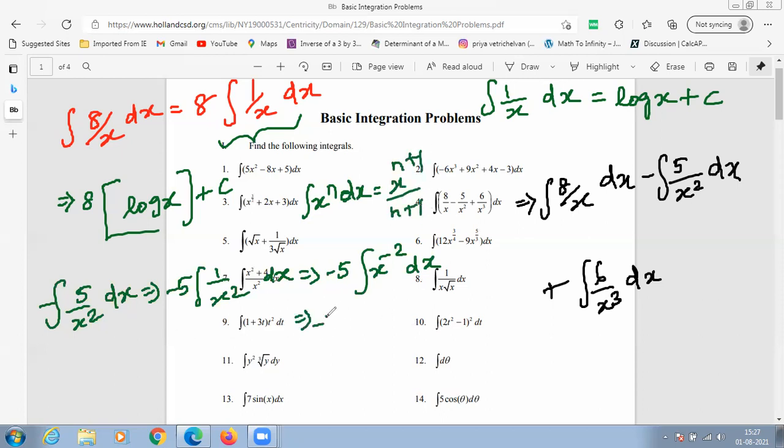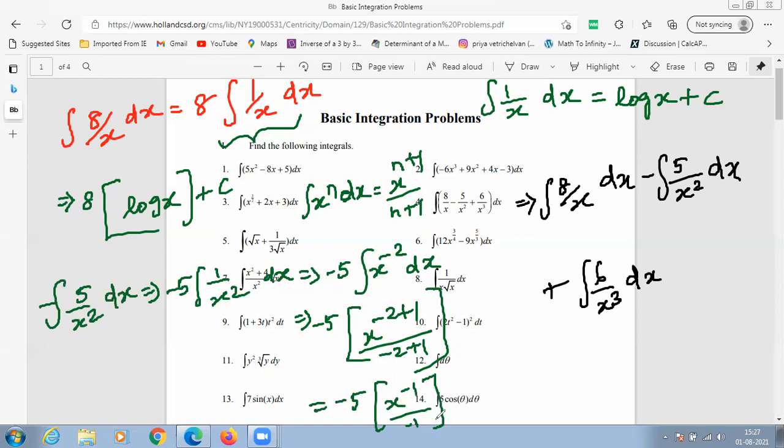So it's going to be minus 5 times x power minus 2 plus 1 upon minus 2 plus 1. So minus 5 into x power minus 1 upon minus 1. So minus 5 by minus 1 can be written as plus 5 into x power minus 1. So that is the result for this. It's minus 5 x power minus 1, and 8 upon x will give you 8 log x. And there is another step also after this. I'll tell you how to do it.